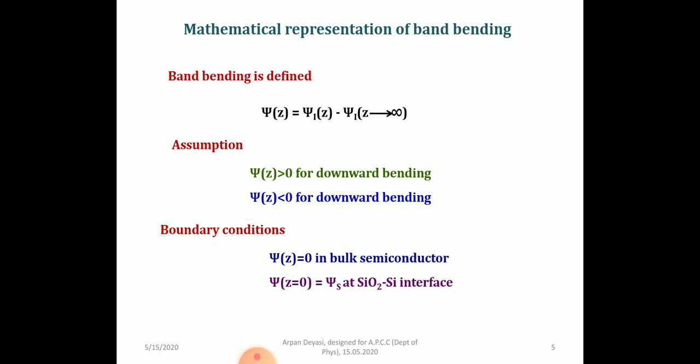So we consider Z equals 0 at that interface. If we move from that interface towards the semiconductor, Z becomes positive, that means our linear scale becomes positive. If we move towards the insulator and the metal, the scale will be negative. So that's the basic consideration of the mathematical representation of band bending.